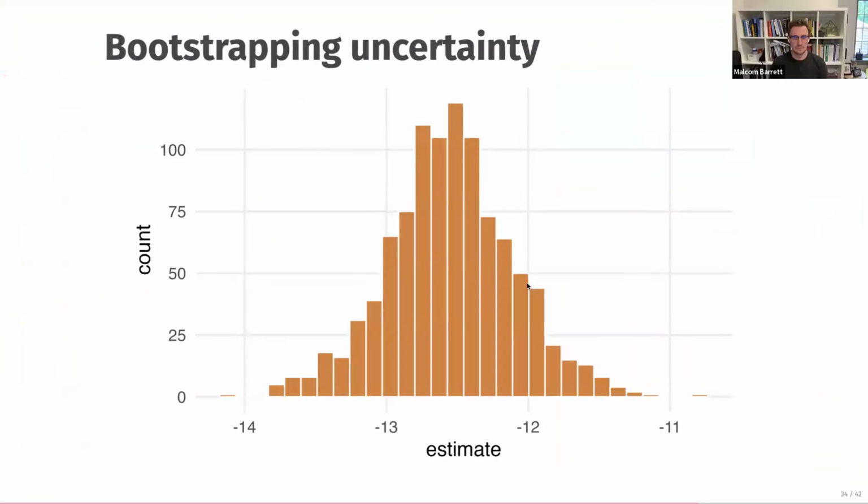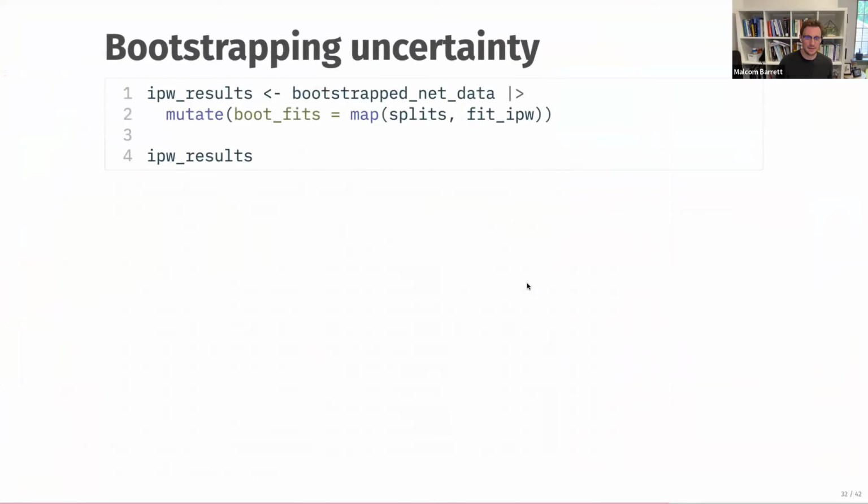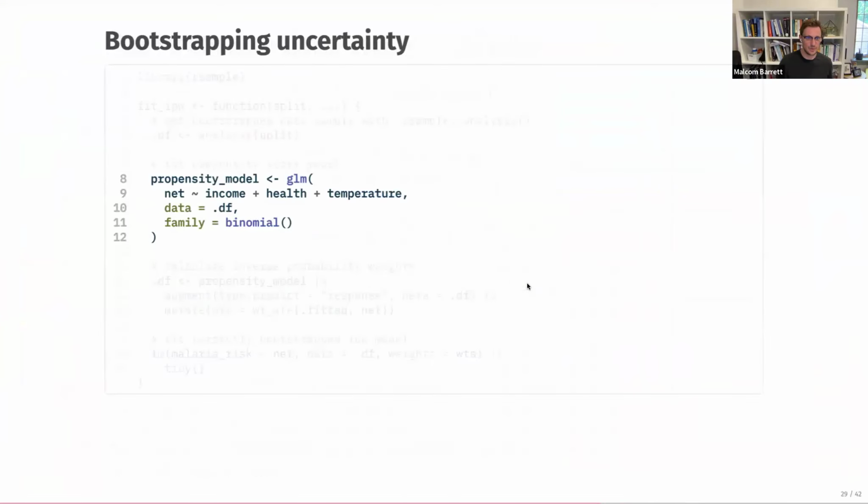Okay, and then could I explain the difference between using potential confounders as weights compared to just adding them to the LM formula directly? This is a super good question. There's a bit of a nuanced answer to that, but let me pull my slides back up. Let me go back here and highlight what it is that we're doing.